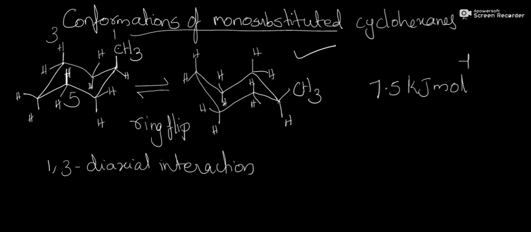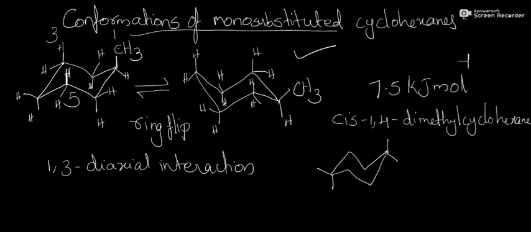Next, how can you assign cis and trans isomerism in cycloalkanes? Consider the case of cyclohexane, and we can draw the conformation of cis 1,4-dimethylcyclohexane.